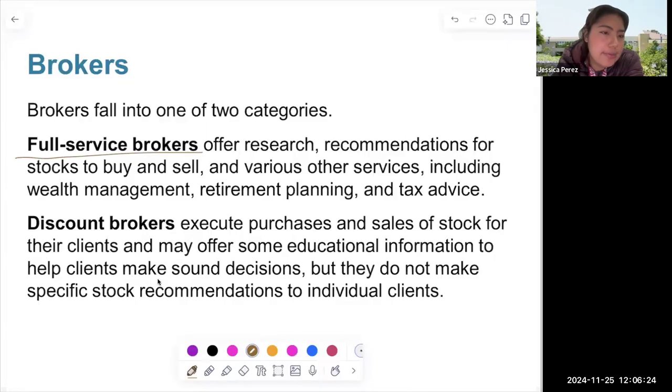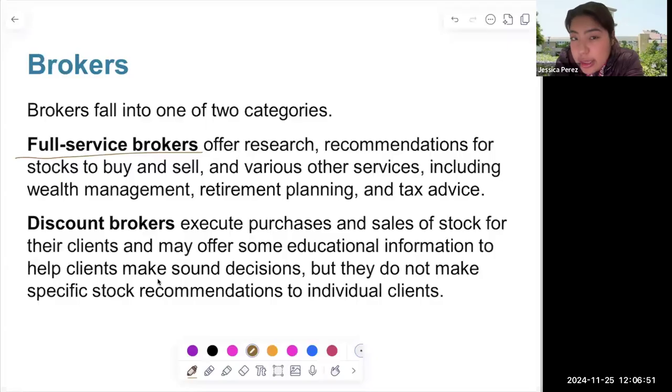They also have discount brokers. They execute purchases and sales of stocks for their clients and may offer educational information to help clients make sound decisions, but do not make specific recommendations to any client. So they help with the sales and purchases of stock, but they don't make specific recommendations.